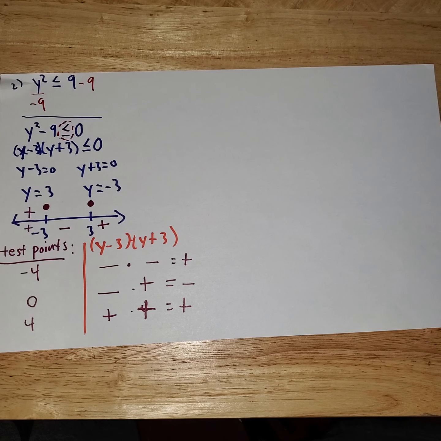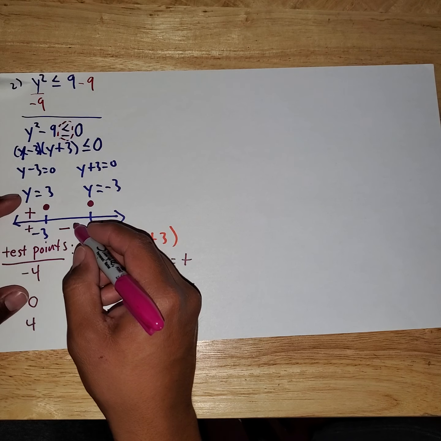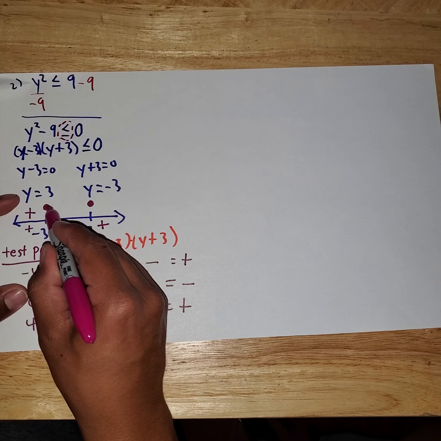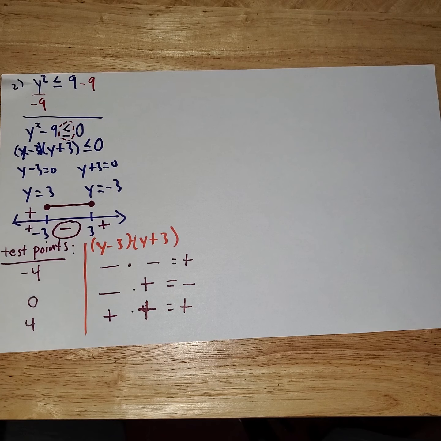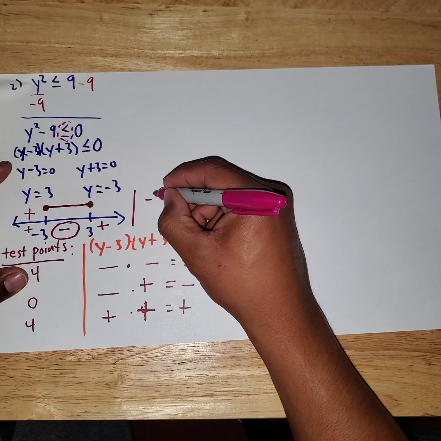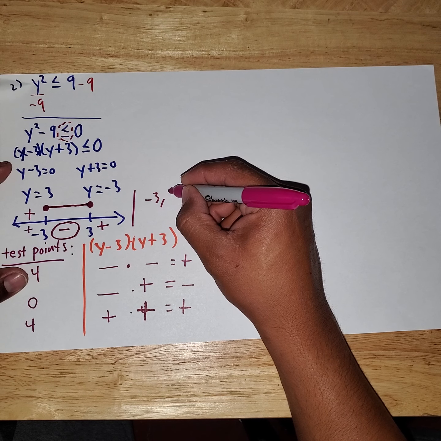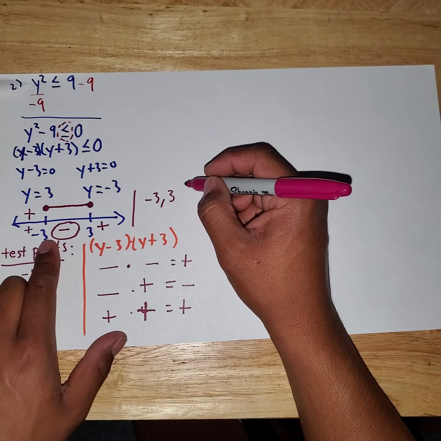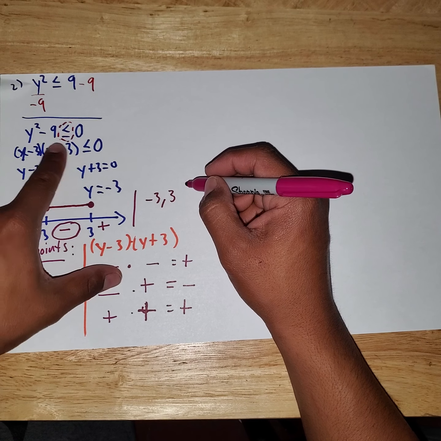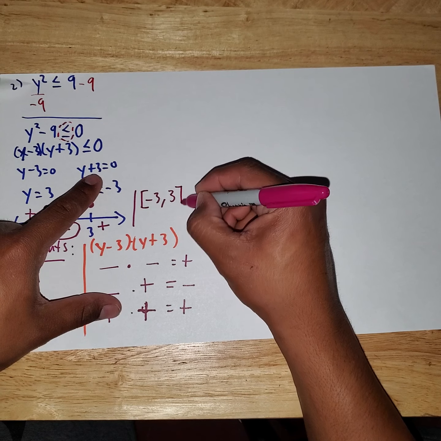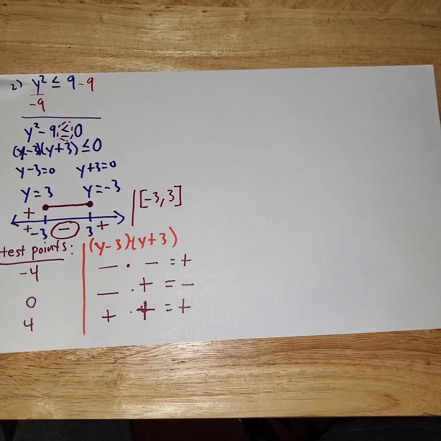So the only negative numbers are right in between -3 and 3. So that would be your graph. And your interval notation for that would be from -3 to 3. But since -3 and 3 are both included, meaning that if you actually plug them in, it's still going to be a true statement, I'm going to put brackets around them.